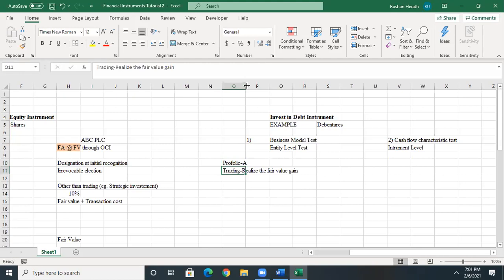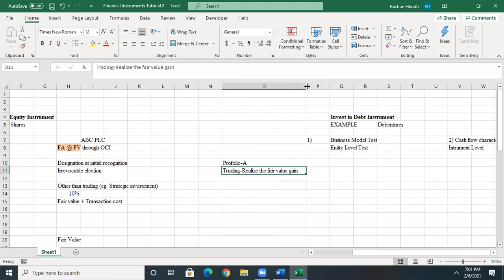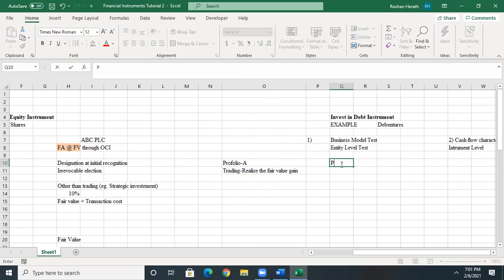That is one particular kind of portfolio. The other type, it could be that you have another kind of portfolio that you would maintain. For an organization, if you have money, you can maintain several portfolios, no problem. Say that is portfolio B, for example.